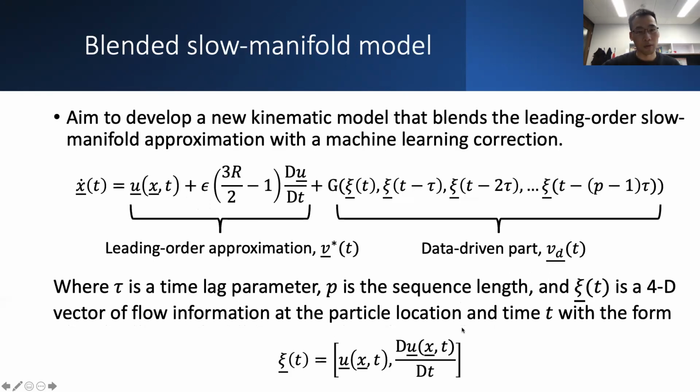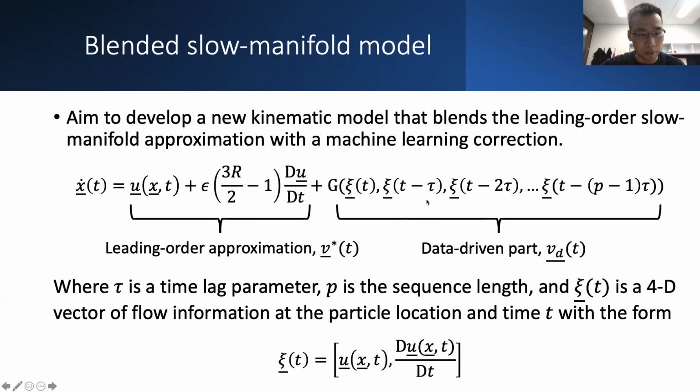So in this work, they're aiming to develop a new model that combines the leading order slow manifold approximation, as we saw in the last slide, with a data-driven part, as you can see here in this equation. Basically, the G term here is the part that they are aiming to learn from the data. And the input of this G term is actually a time series.